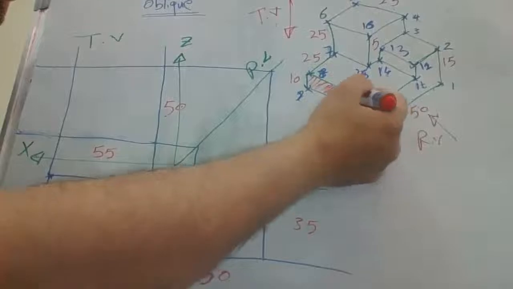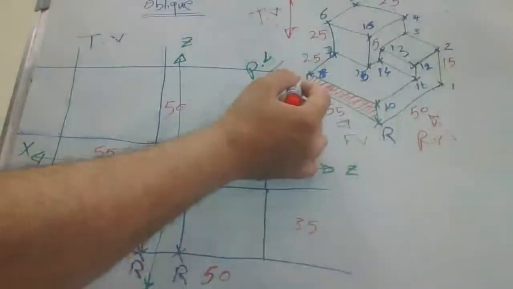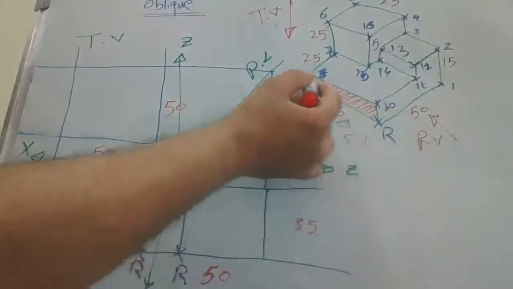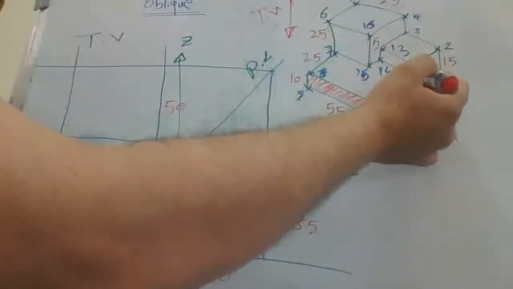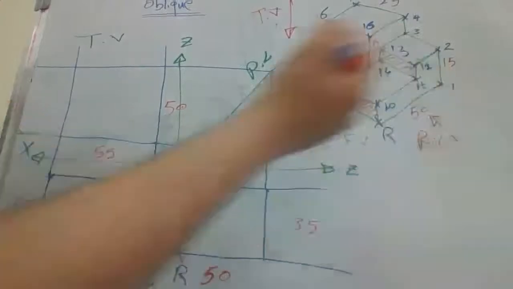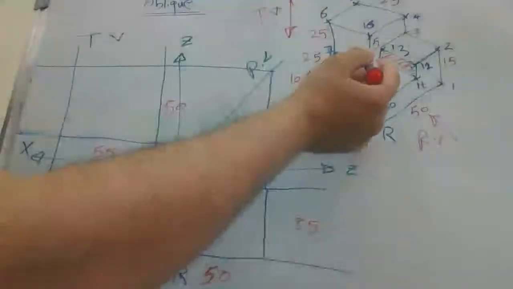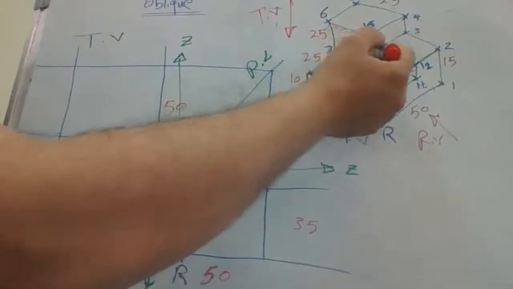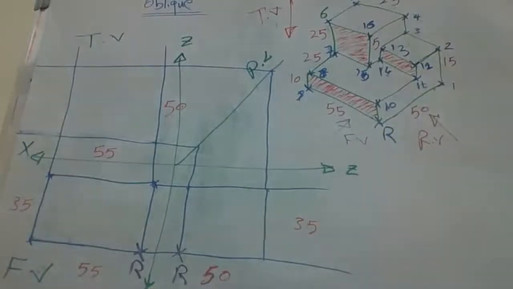R, 10, 9, 8. R to 10 is 10 millimeter, 10 to 8 is the same as R to 9, 55, and we close by 8. Also, we can see here 11, 12, 13, 14, and 15, 7, 16, 6. This is all the faces or the sides that can be seen here in the front view.